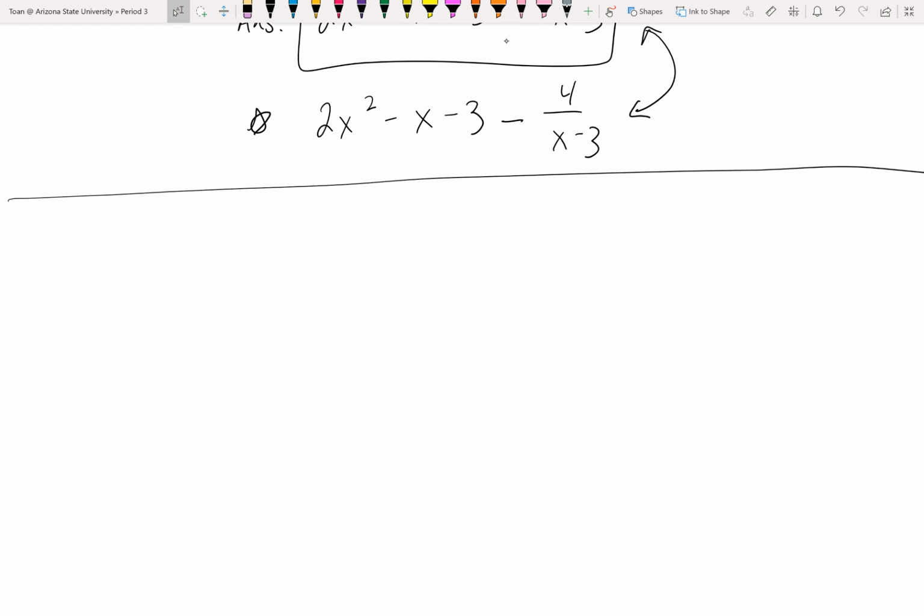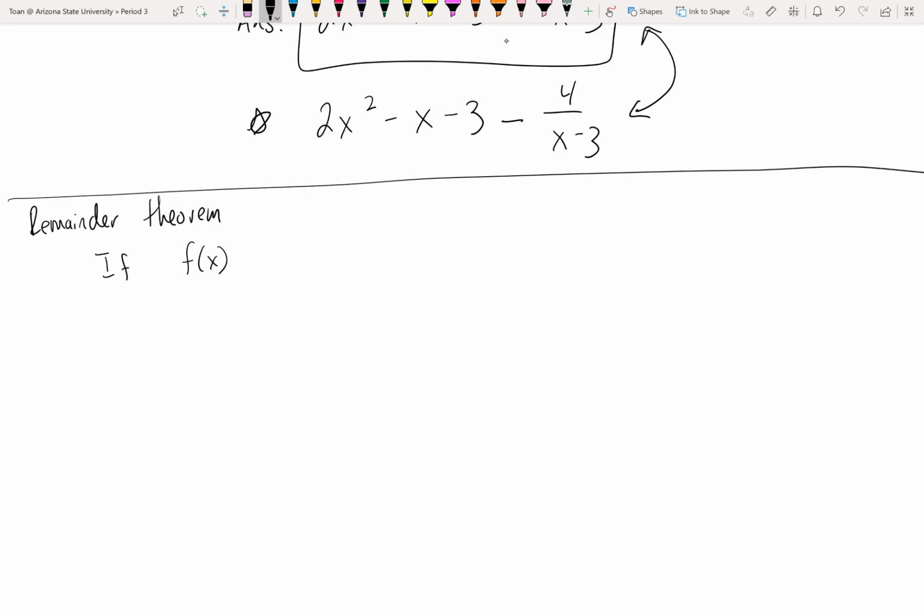What are some cool things it can do? Well, we have this little neat theorem called the remainder theorem. And the remainder theorem says this.